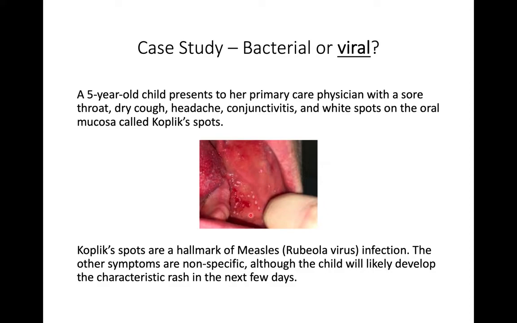Now, if she had not come to her PCP at this point, within a few days, the child will likely have developed the rash that we think of when we think of measles, but we can identify early on in the prodromal phase based on these Koplik spots. So it's often something really small that can help us distinguish between sore throat, dry cough, maybe the beginnings of pneumonia, or meningitis because of the headache, and something like measles.